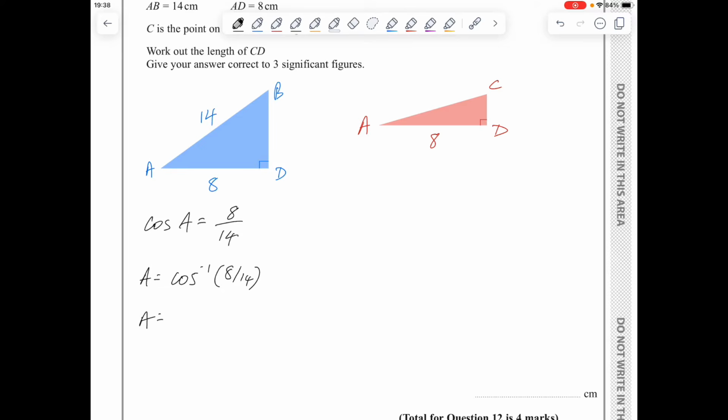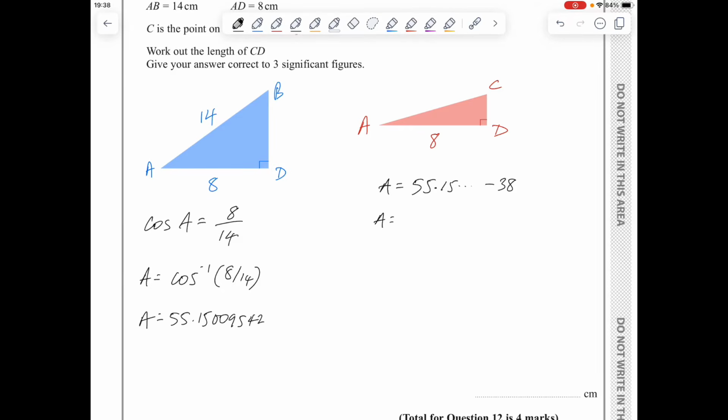A comes out to be 55.15009542. And then if I go to the red shape, angle A now is equal to what I found before, 55.15 and so on, minus what I'm given in the original shape, which is 38.